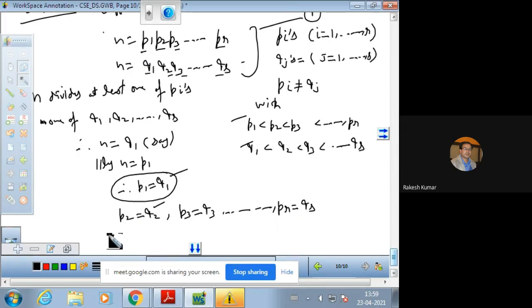This means n has been written, or n can be uniquely expressed, as a product of primes.